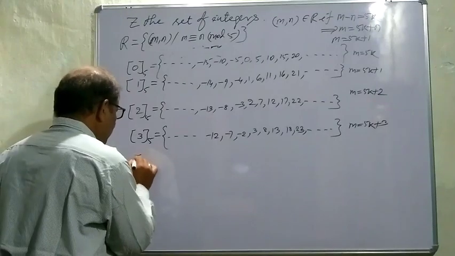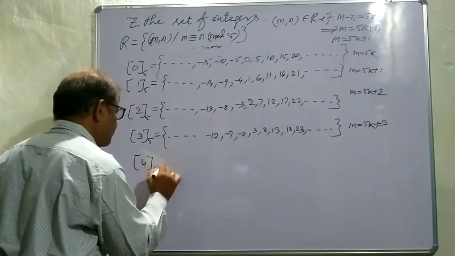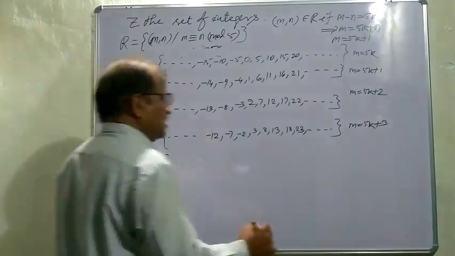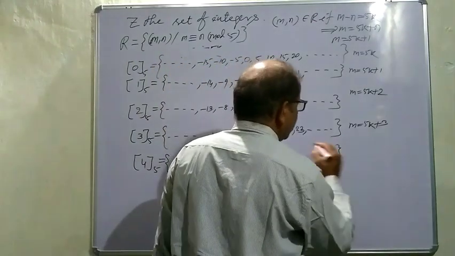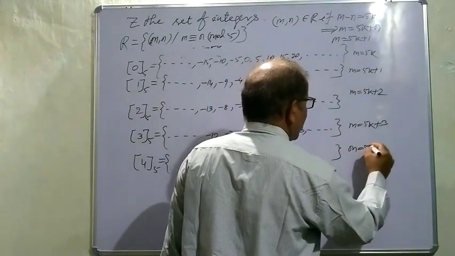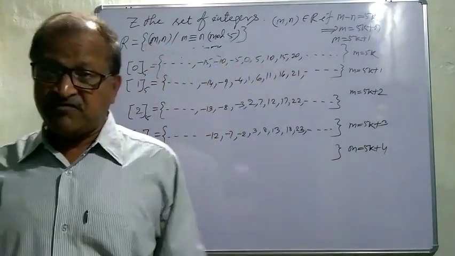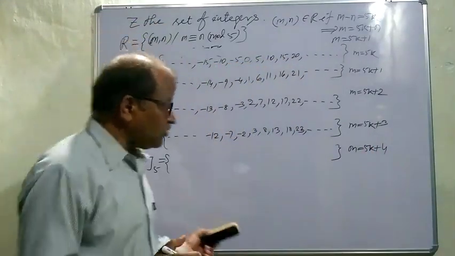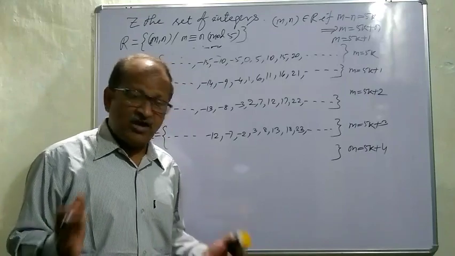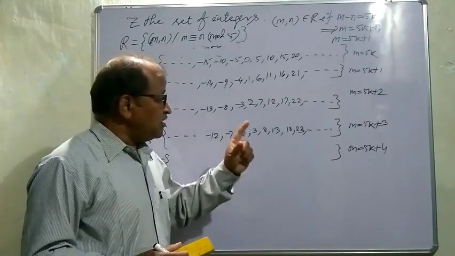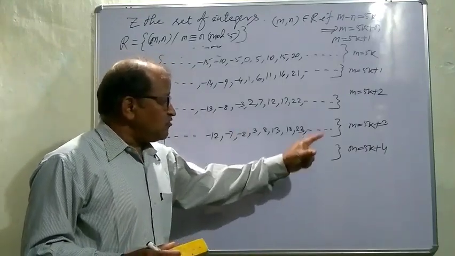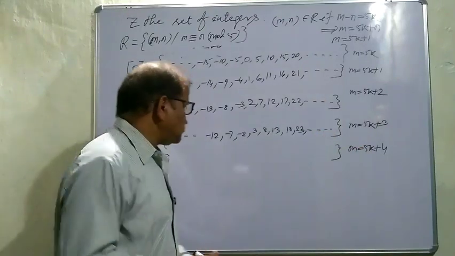Now equivalence class of 4. It is in the form m is equal to 5k plus 4. That is, m minus 4 should be divisible by 5. So here m is equal to 5k plus 4. For k is equal to 0, it is 4.